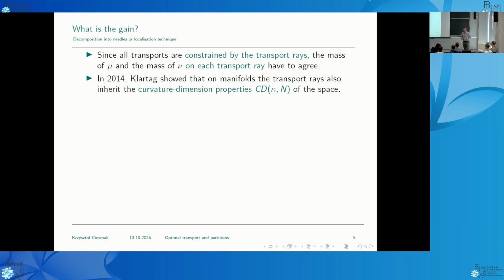There is one more property that is preserved by these transport rays, and this is the curvature-dimension property. Here I need to explain what the curvature-dimension property is.